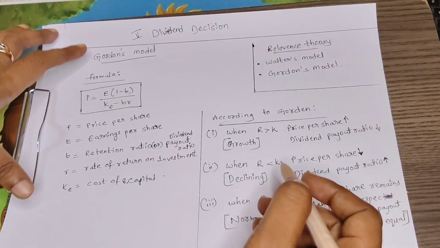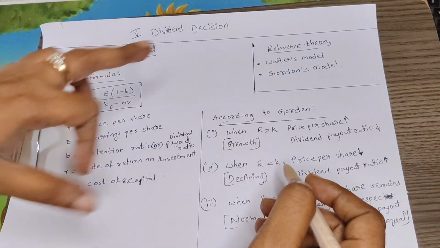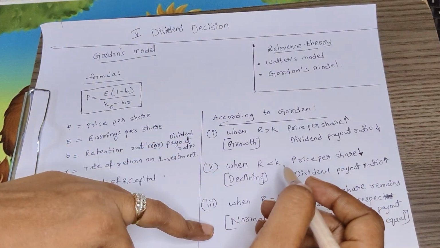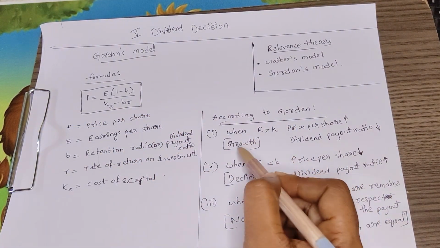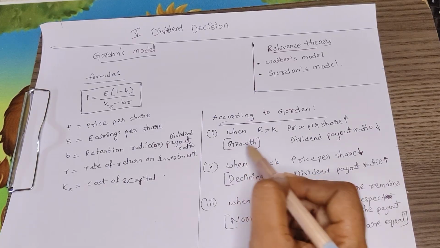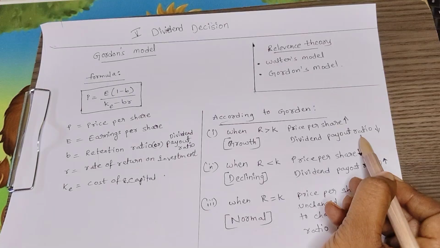To calculate Gordon's model, you require the formula as well as you need to remember these 3 points. According to Gordon, when R is greater than K, that is growth form. If it is growth form, price per share increases and dividend payout ratio decreases.